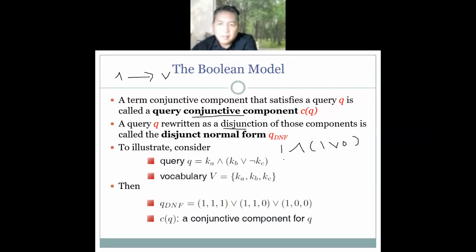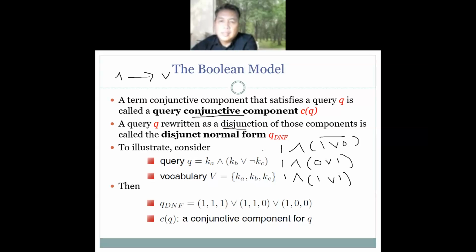Because this all becomes 1, so 1 and 1, or 1 and this is false or 1, this one also can, or the last one is 1 or 1.